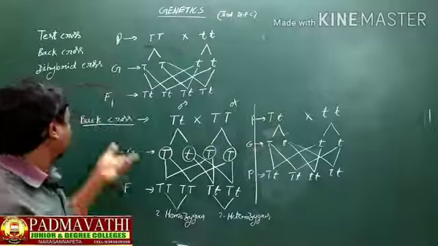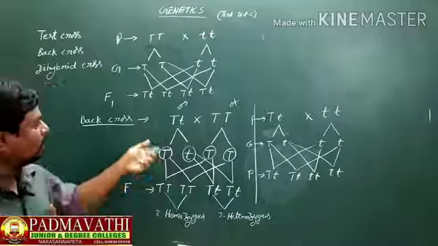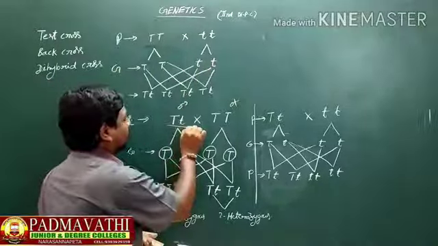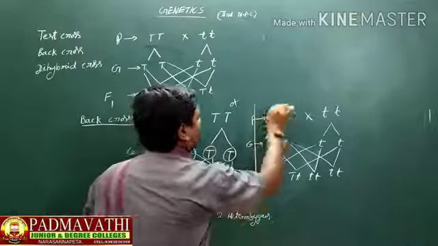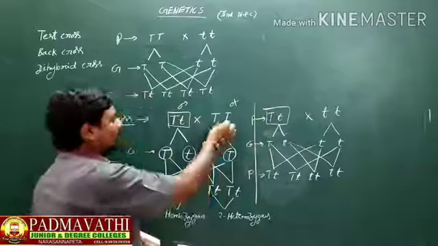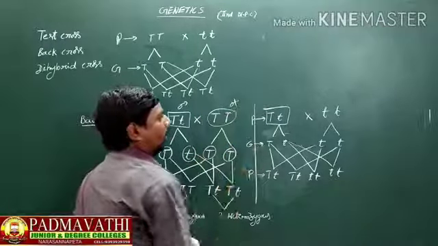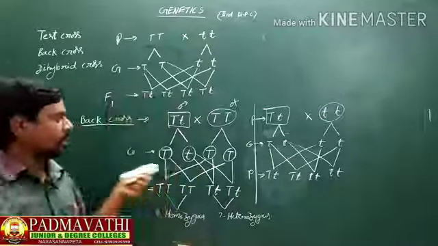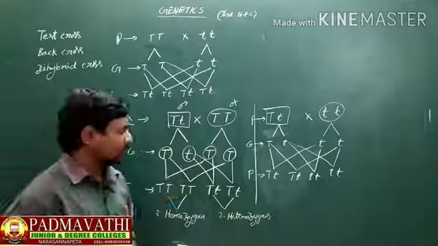So you know about the backcross: when the F1 progeny, big T and small t, is crossed with its parents, homozygous tall or homozygous dwarf, this is the backcross. Is it clear?